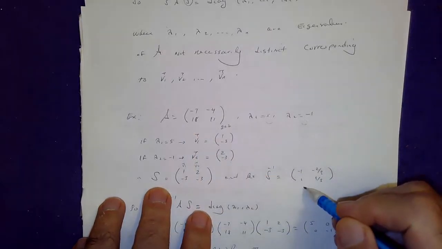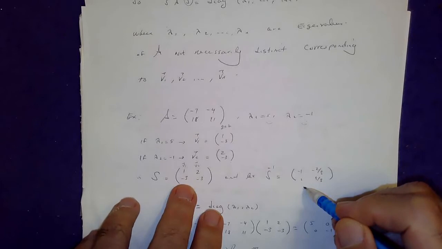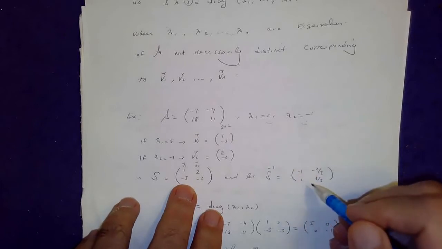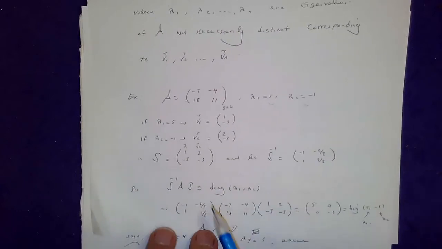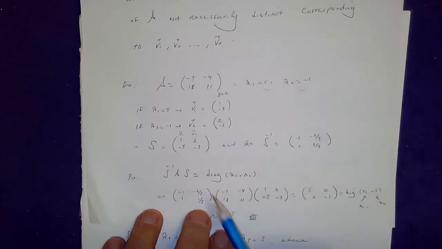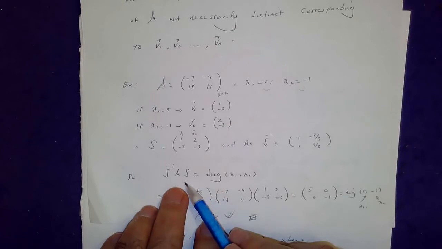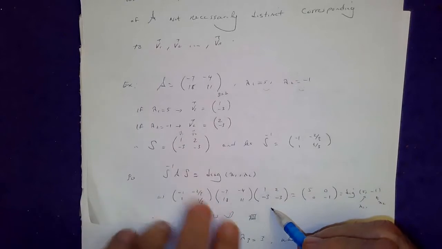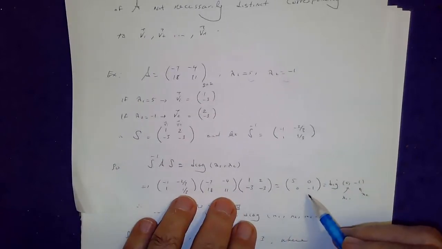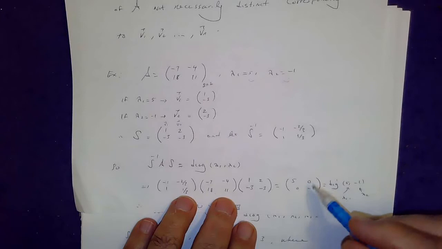This you gotta find. Once you get your hands on S, then you gotta find its inverse. So this is the inverse of S. Then you multiply the inverse of S by the matrix according to this times what? S itself. Lo and behold, you get this 2 by 2, which is a diagonal matrix.